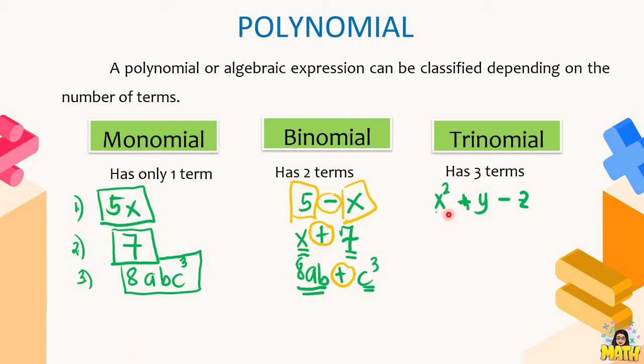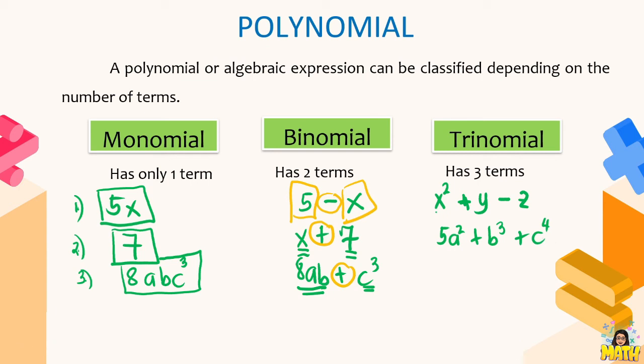First term is x squared, second term is y, third term is z. Another one, let's have 5a squared plus b cubed plus c to the fourth. This one is considered trinomial because we have the first term 5a squared, second term b cubed, the third term is c to the fourth.